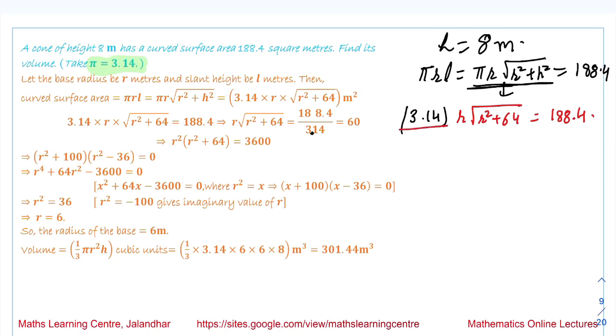So we divide this term on this side, we get r square root of r square plus 64 is equal to 188.4 over 3.14. The answer we will get is 60.